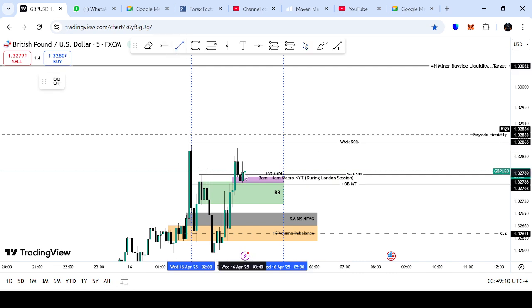You can see the last close candle there as an order block.